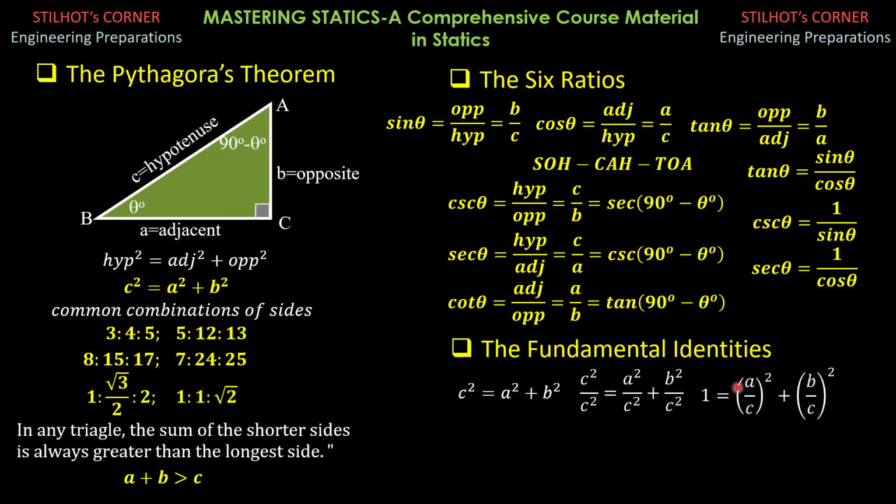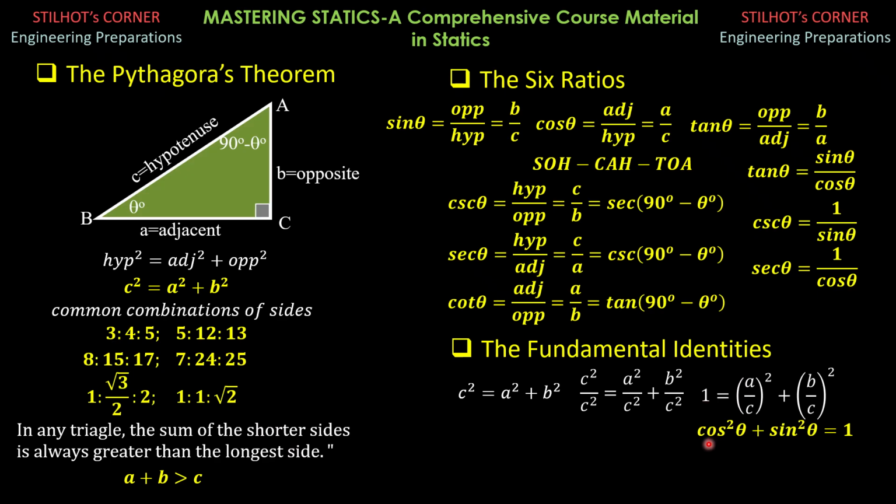But A over C is defined as cosine theta, so this is cosine square theta, while B over C is sine theta, so this is sine square theta. So we have the fundamental identity, cosine square theta plus sine square theta equals 1.